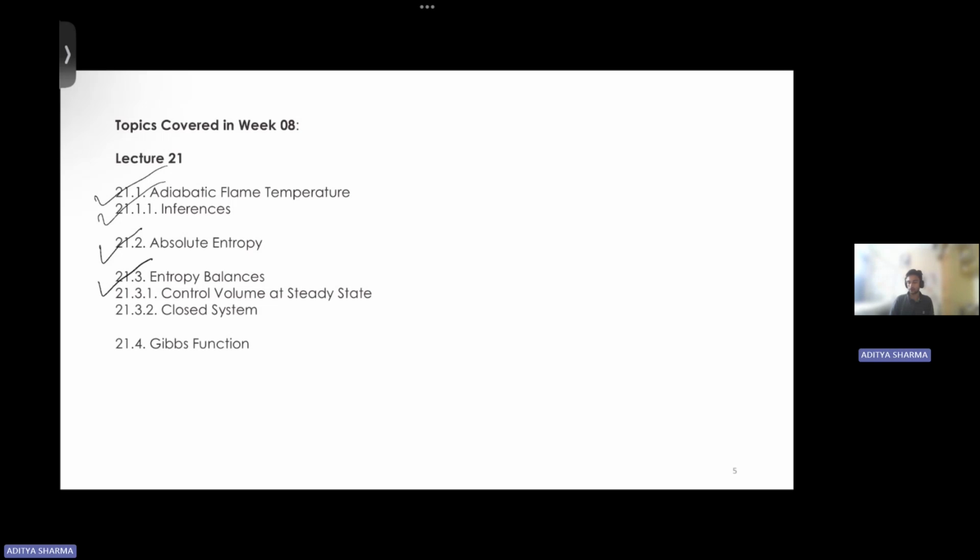Elements like entropy production, which we define using the symbol sigma, discussion on this we have done.